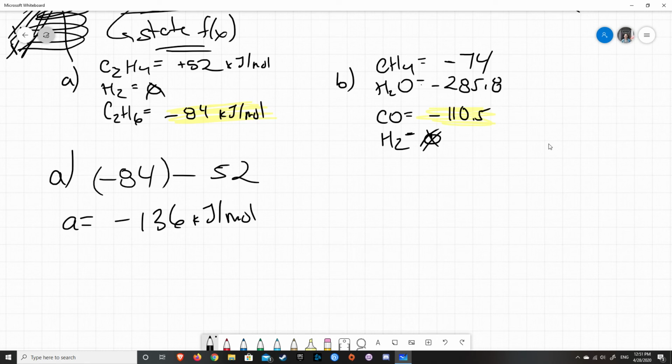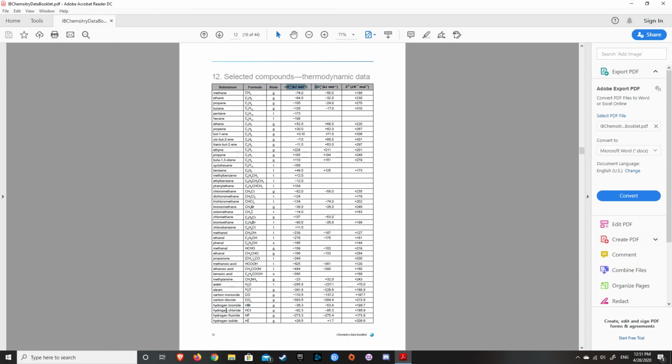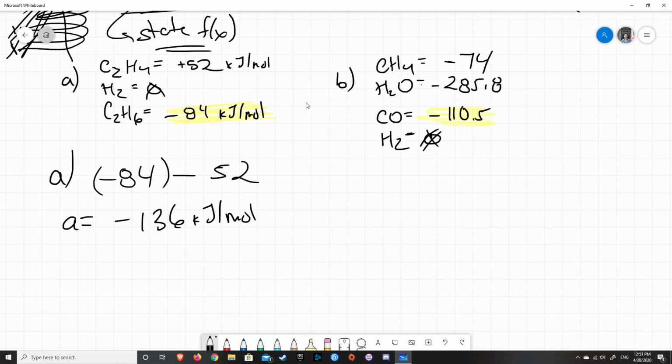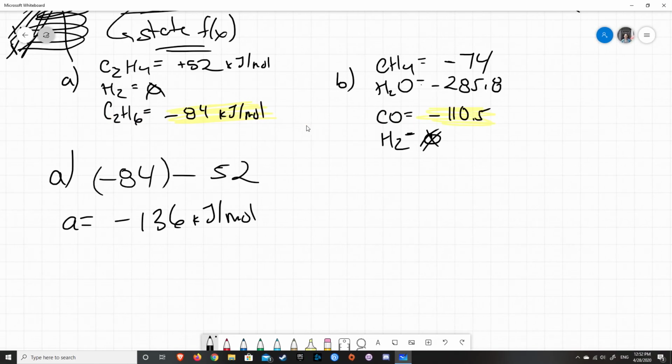Let me just look at the book real quick, just to make sure I've got these reactions right and didn't write anything down wrong. Methane, good. Ethane. C2H4 is plus 52, good.